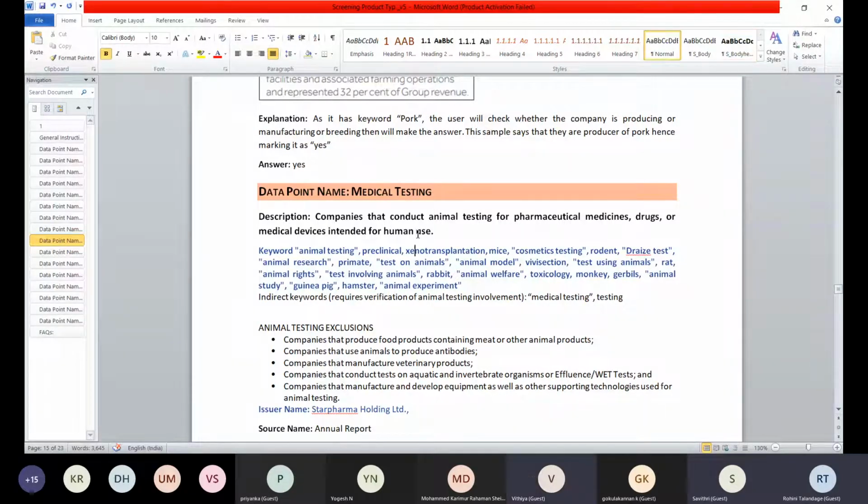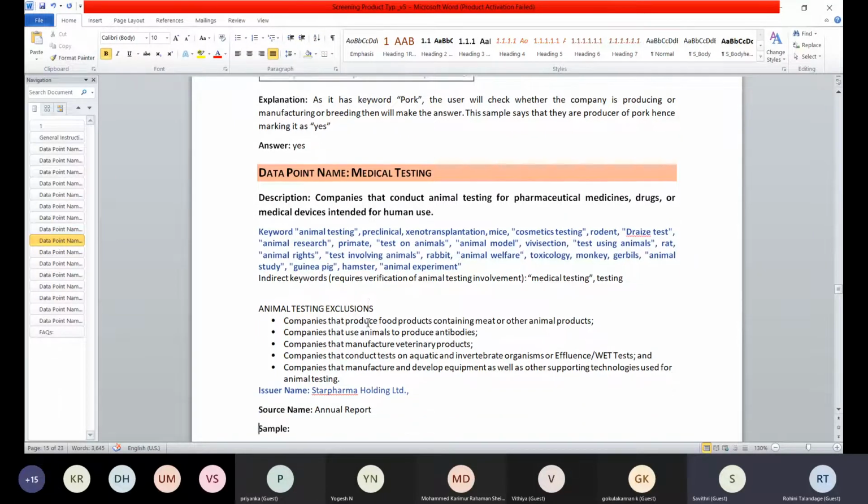So if any company is doing any medical testing, in that case we have to mark it as yes. In this case we have some keywords like animal testing, cosmetics testing, like this. You need to check with all these keywords, and if you are getting the perfect answer for this data point, like they are doing animal testing, in that case we can mark it as yes. Okay.